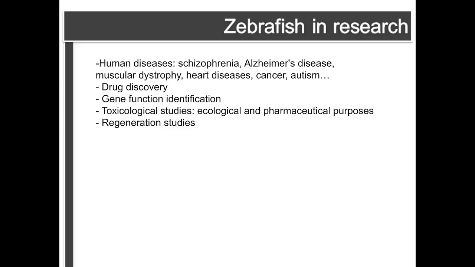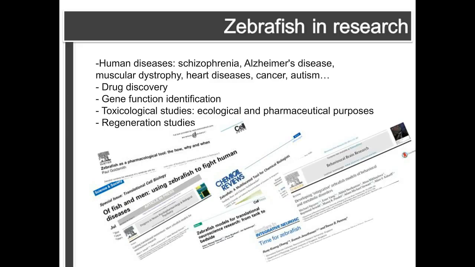In regeneration, the tail fin of the fish is highly regenerative, so it's very important. It is also widely used in cardiac research. You can see lots of published articles about this topic, the importance of zebrafish in research.